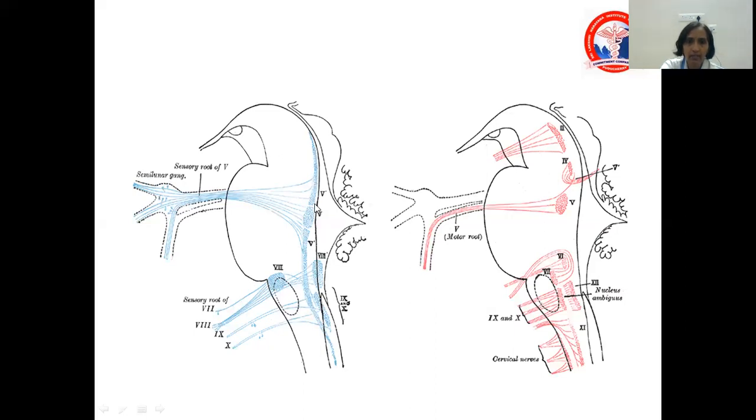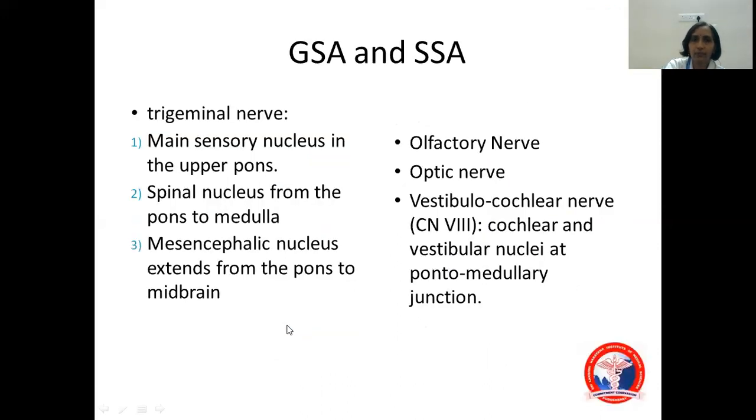We see the fibers from the nuclei of the 5th cranial nerve, then the 7th and the 9th, the 8th cranial nerve and the 10th cranial nerve. The general somatic afferent fibers are represented in the trigeminal nerve.